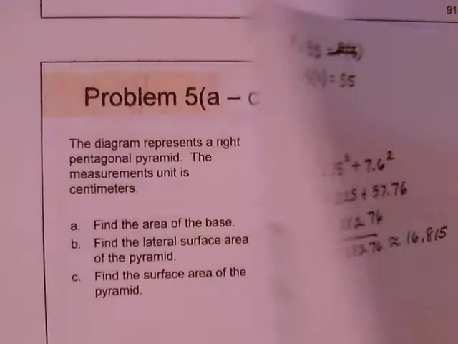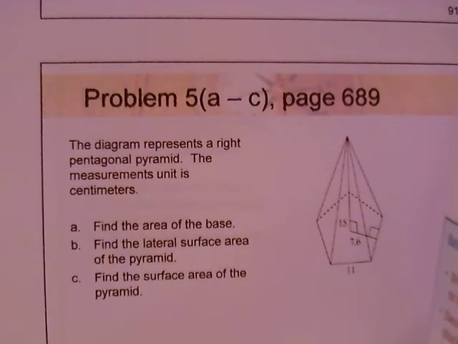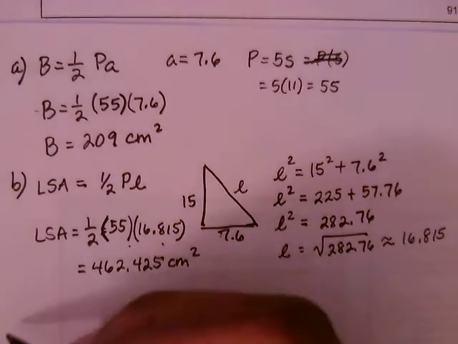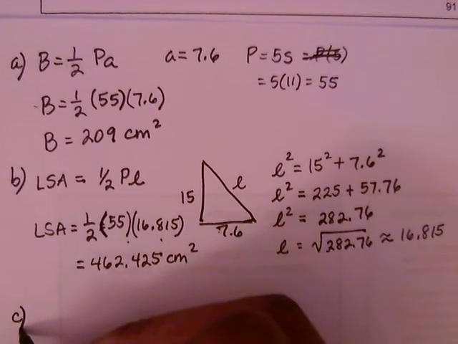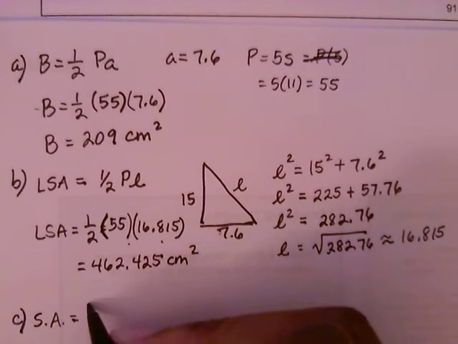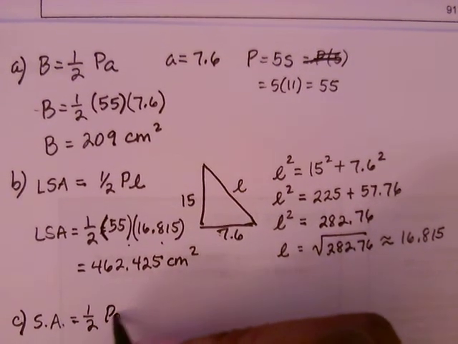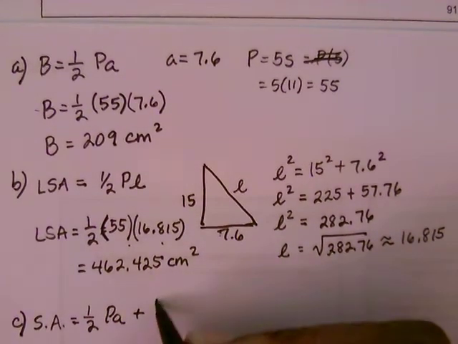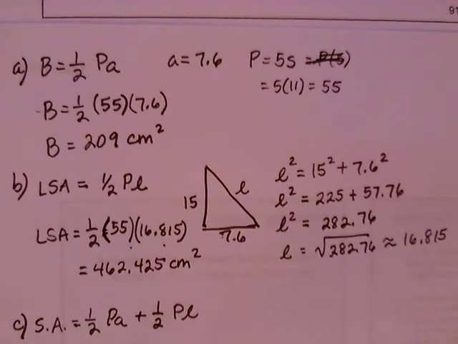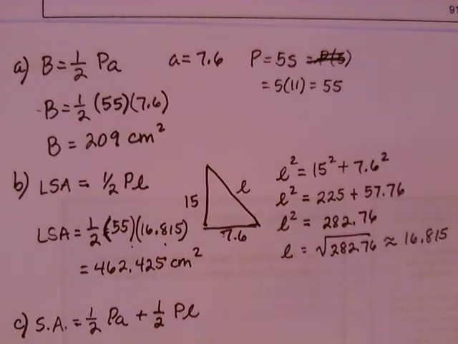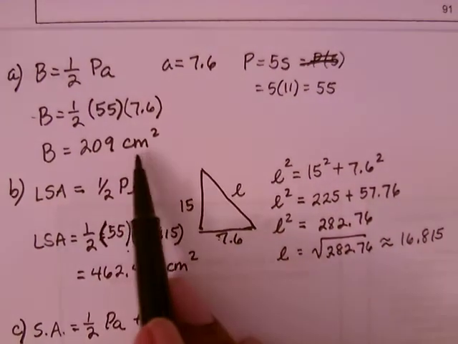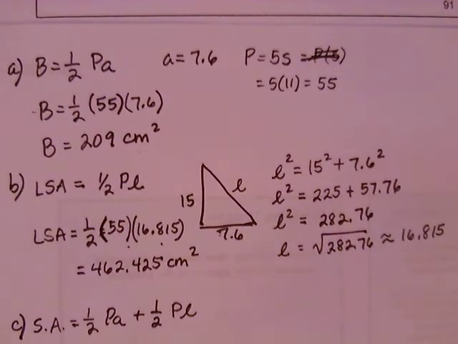And then finally, part D is finding the surface area of that pyramid. Well, the surface area, I have to use this formula: 1/2 P times A plus 1/2 P times the slant height. Well, I already know what 1/2 P times A is. That's from part A, the 209 square centimeters.